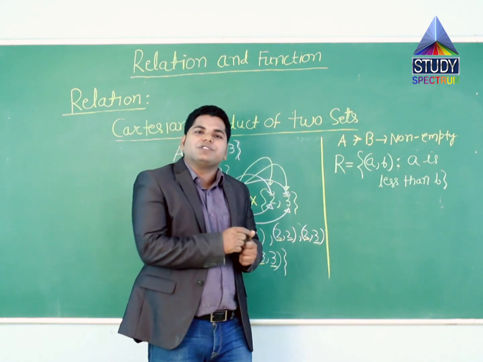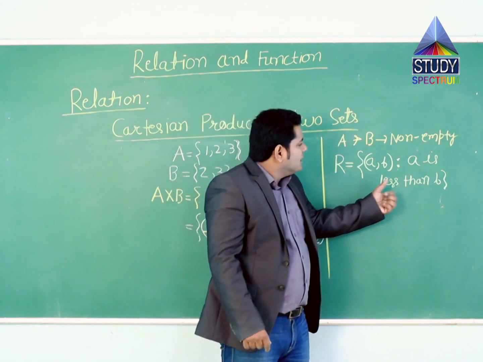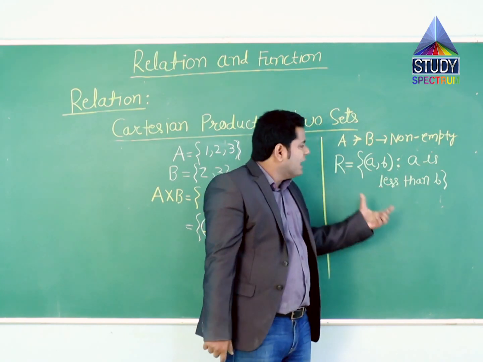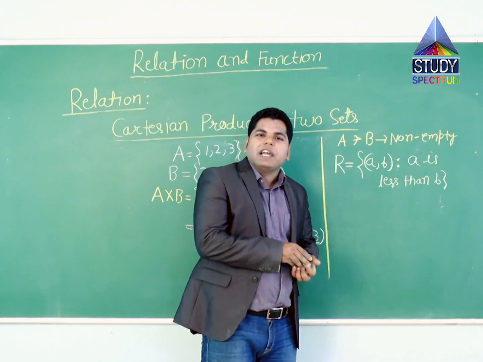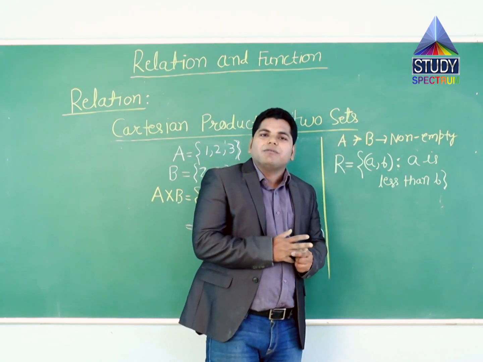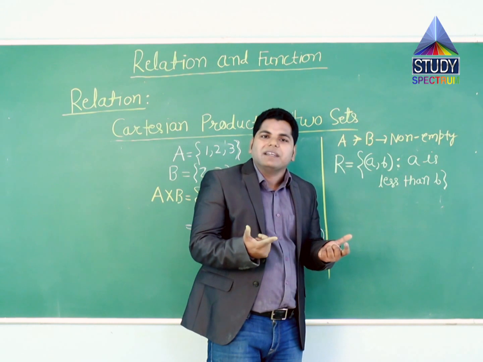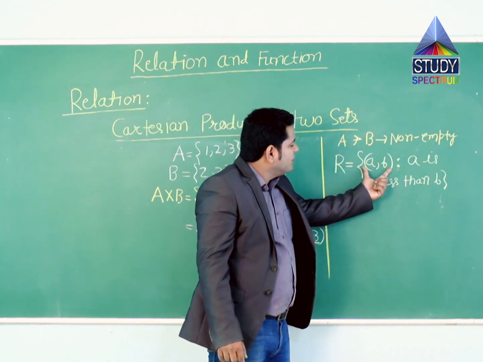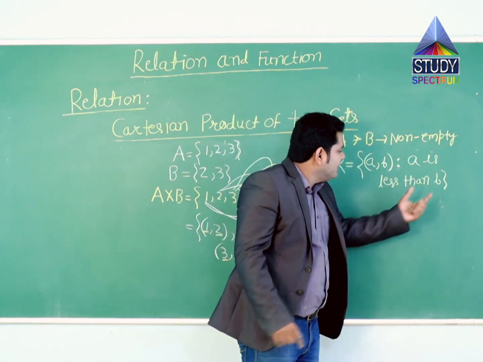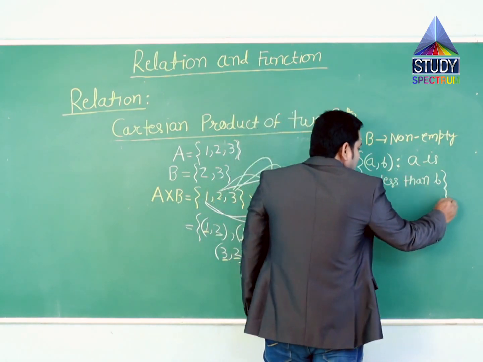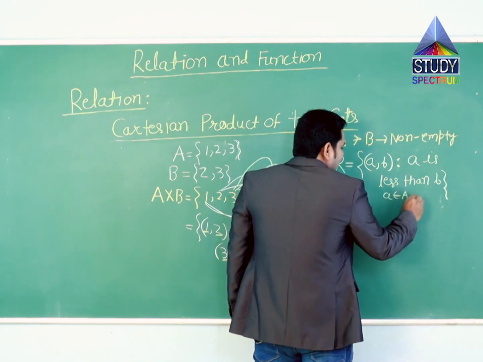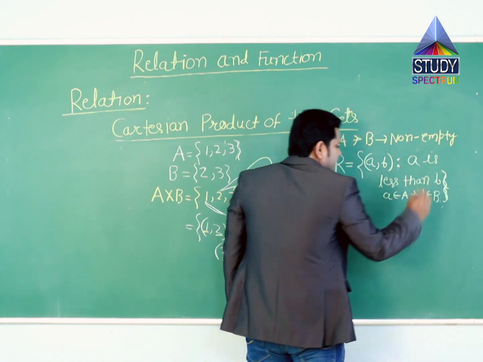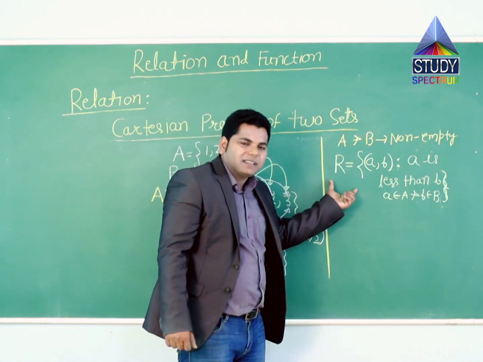It means set A is related to set B as the first component should be less than the second component. For finding the elements of this relation, we have to understand the Cartesian product of two sets A and B. So here the relation is (a, b), an ordered pair, such that a is less than b, and we have to write here that a is an element of A and b is an element of B. Okay, then the definition is complete here.